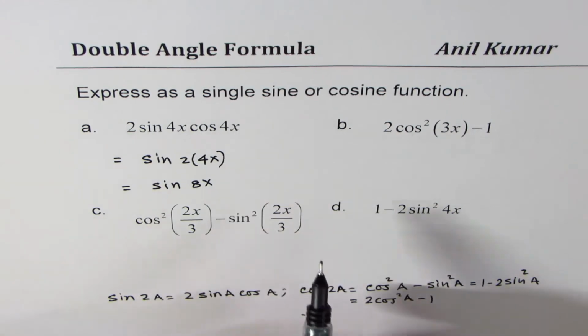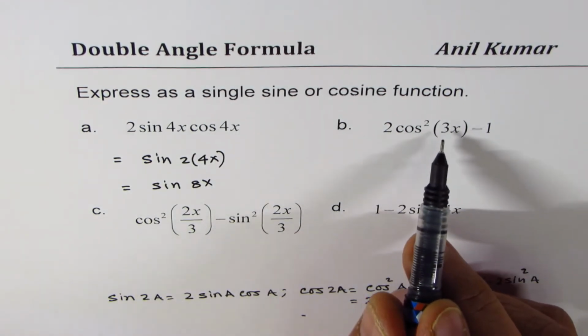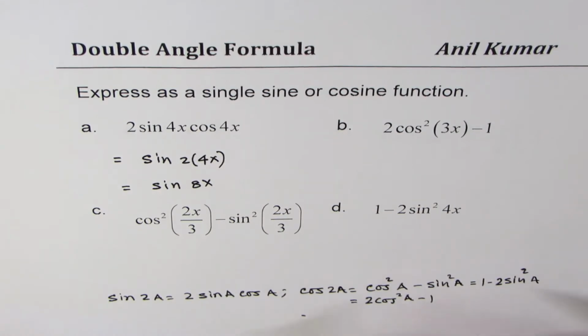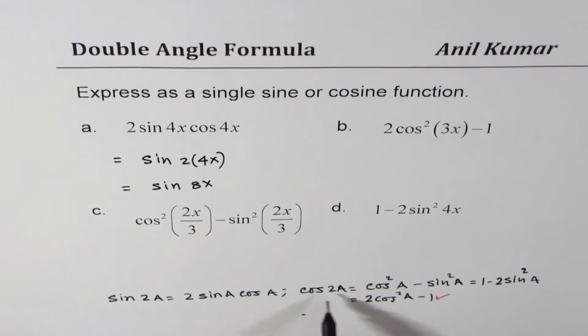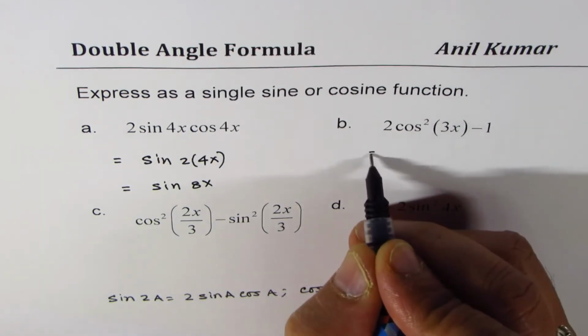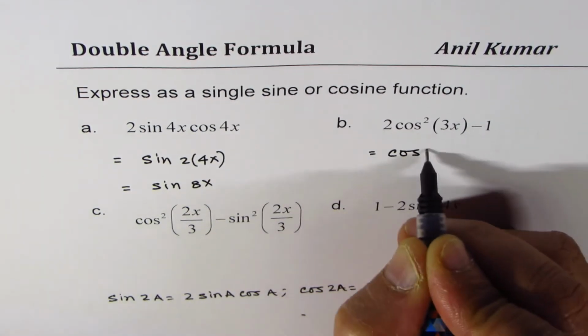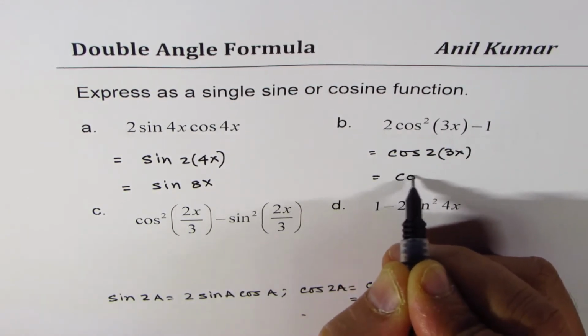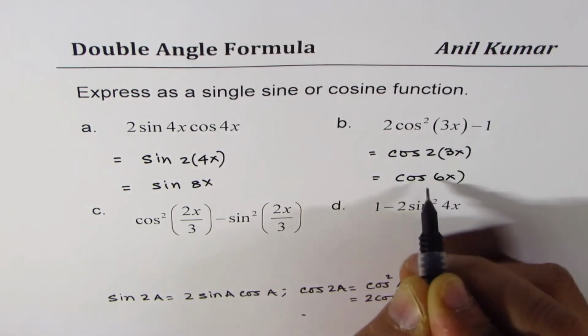Next, 2 cos square 3x minus 1. We'll apply this formula, which gives you directly cos of twice the angle. So it is equal to cos of 2 times 3x, which is cos 6x, correct?